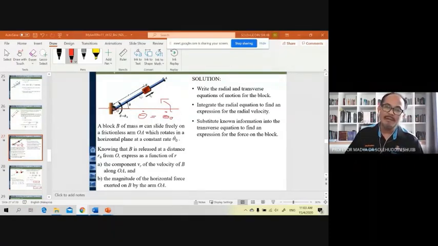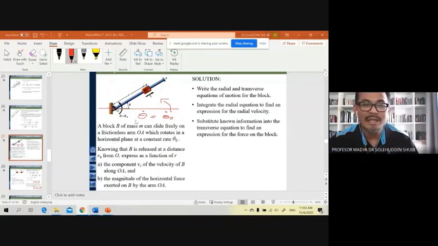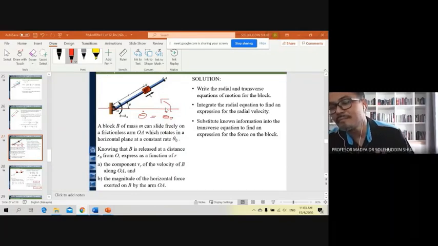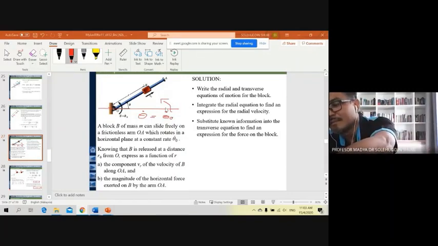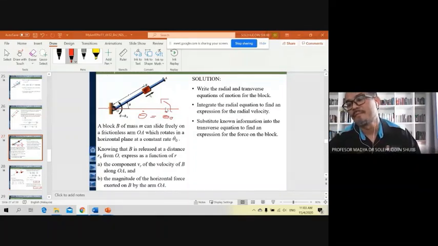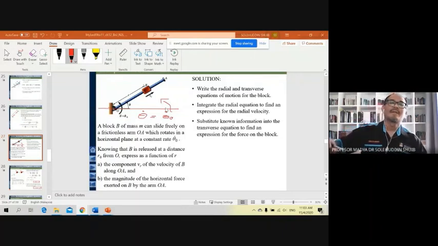Now we are talking about this arm OA, right? When it's rotating, it's moving along OA, starting from here and then somewhere here, so it must be along OA.